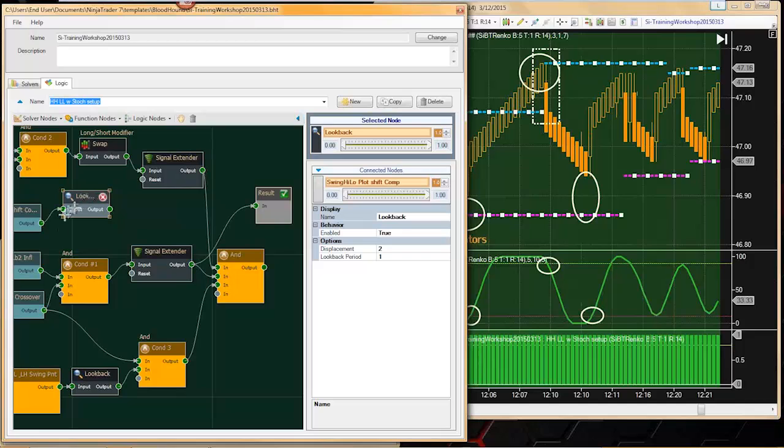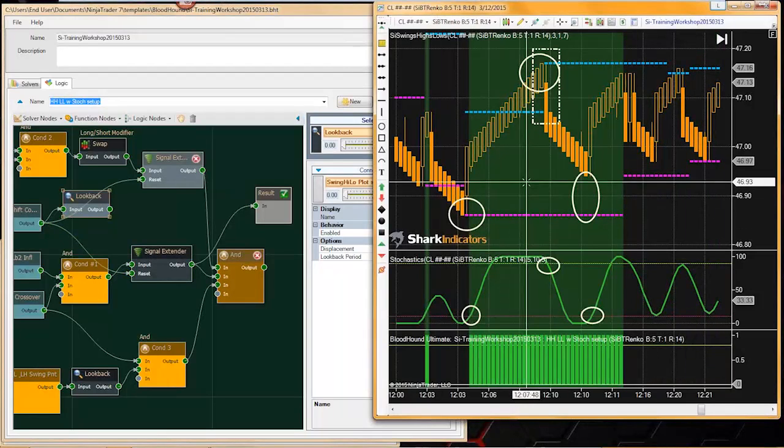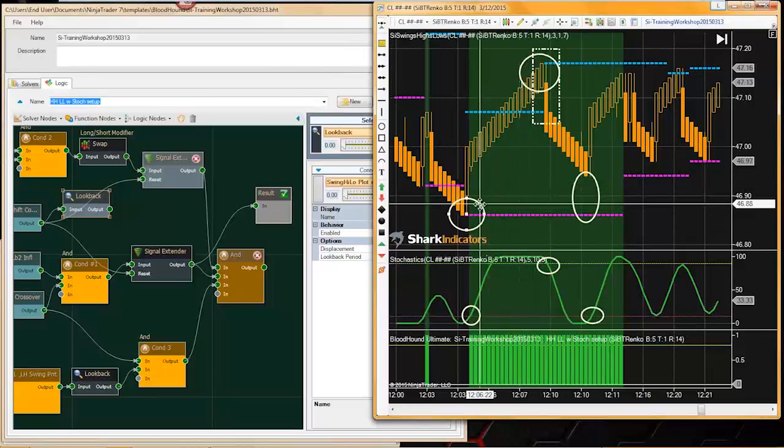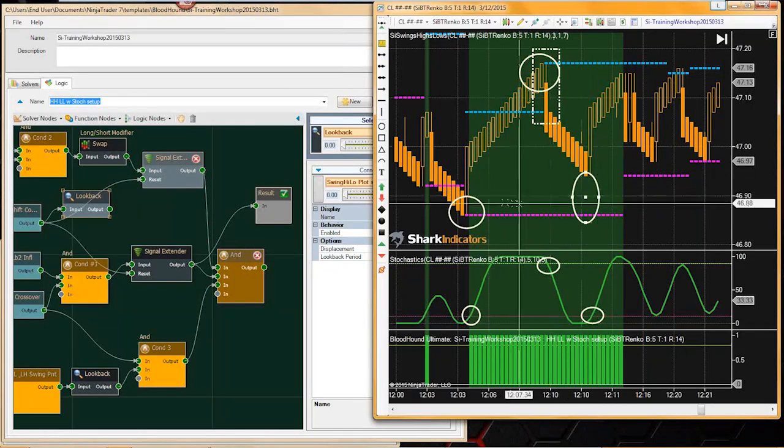Let's disconnect those and try this real quick. All right, so that seems to be working good so far. Remember, what we're looking at is condition 1 and making sure it gets extended forward enough onto condition 3. So that seems to be working for this area here.